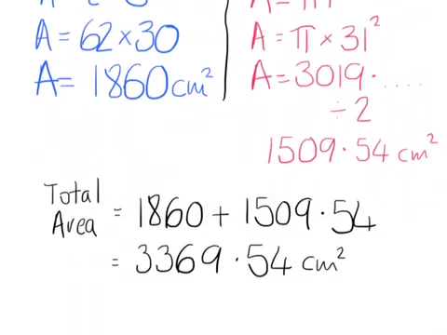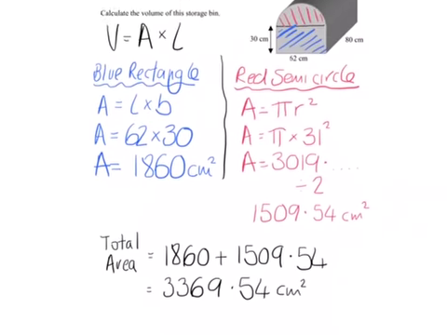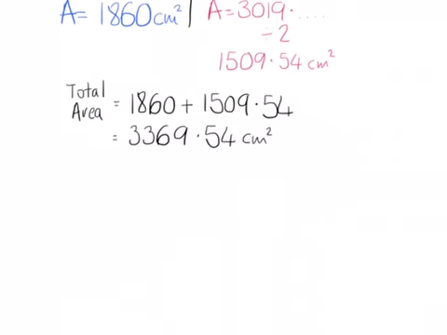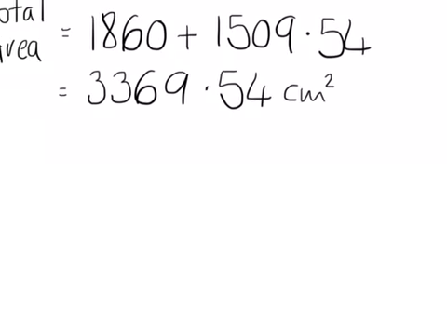So we can take this answer for the area and substitute it into our volume of a prism formula. So the area A is what we have just worked out, and the length L is this one here. It's 80 centimetres. So if we substitute these values into our formula, we'll do that down here.